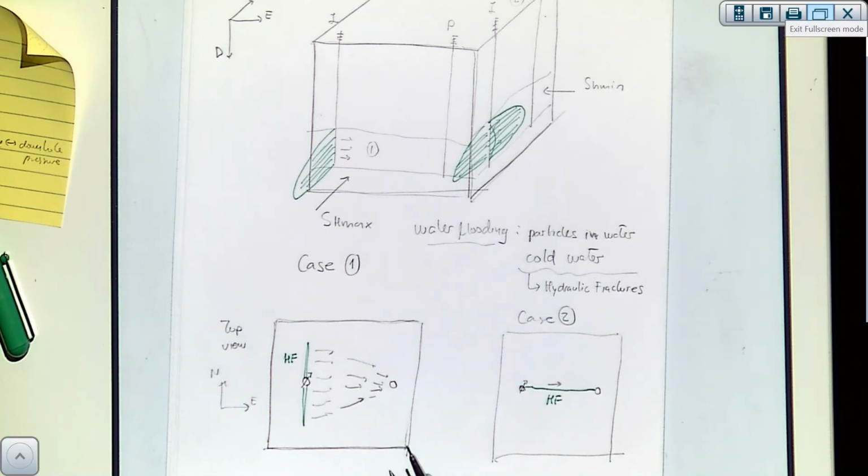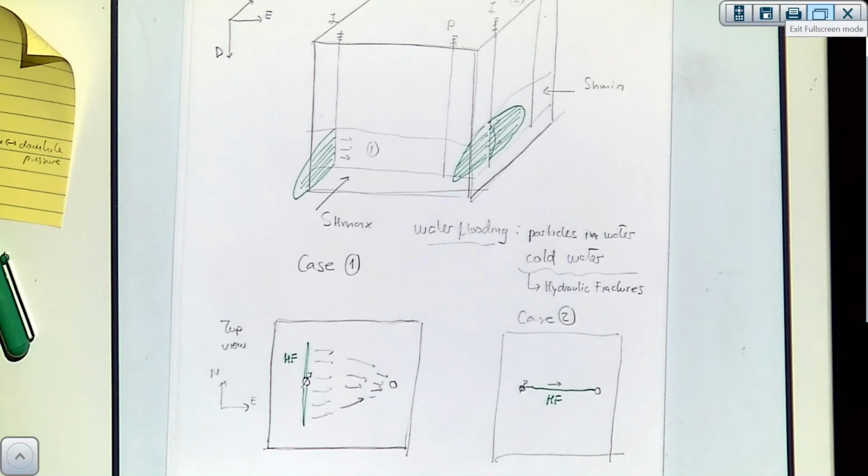That will give you a more efficient displacement pattern and probably higher injection rates and producing rates. But just to make a point here, we're assuming that we know very well what is the state of stress. We're assuming that the fracture is going to grow more or less planar. In practice, that might not be exactly the case.